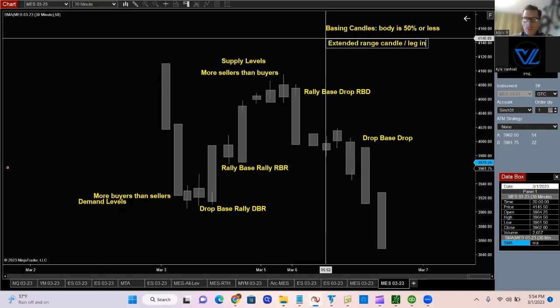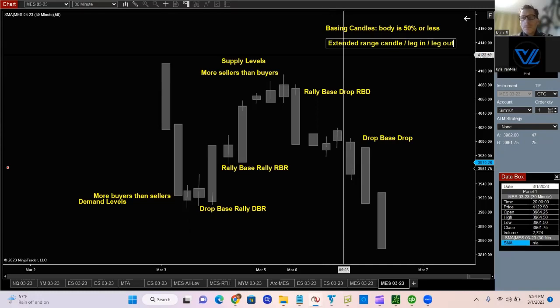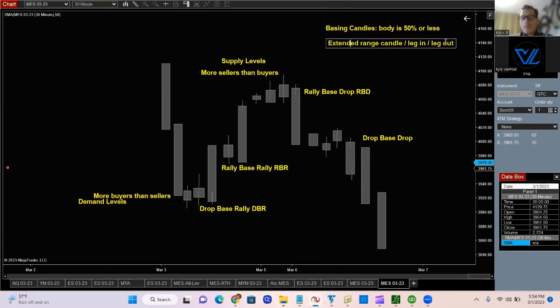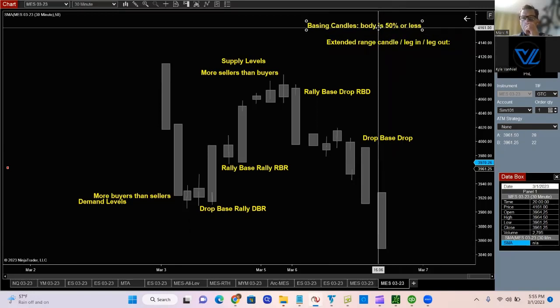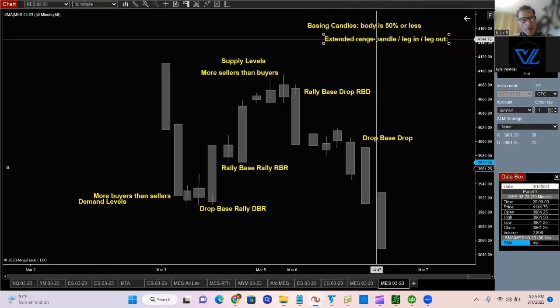From a futures perspective, is the number of ticks between the open and close that is 50% or smaller a basing candle? Is that another way to state it?